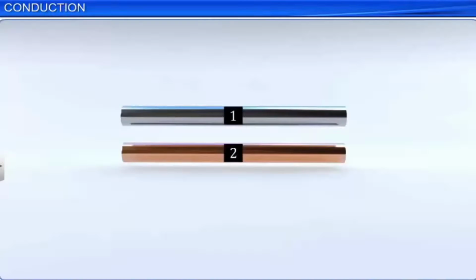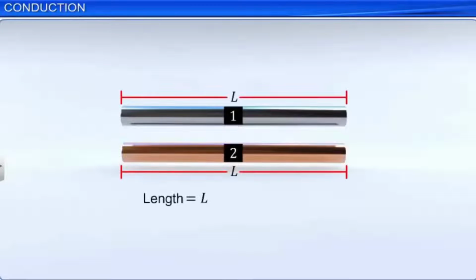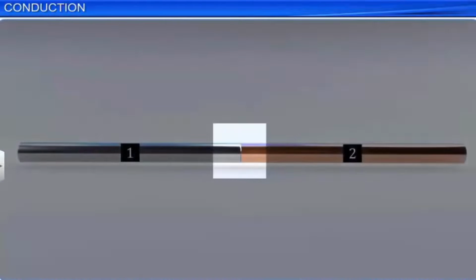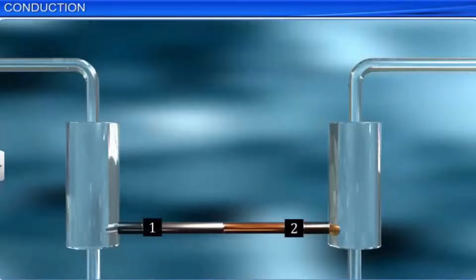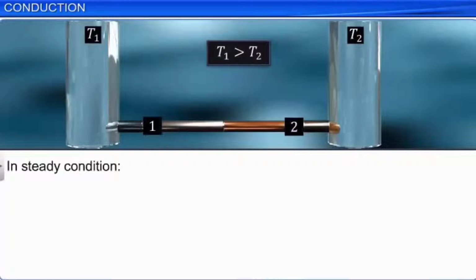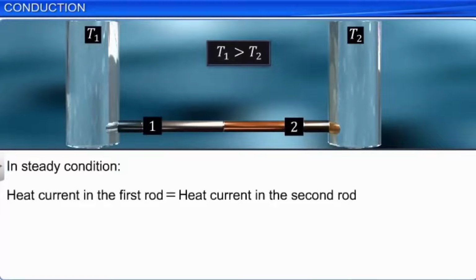Now consider two bars each of length L and a cross-sectional area A. The bars, made of different materials of thermal conductivity K1 and K2 respectively, are soldered end to end, and the free ends are maintained at two different temperatures T1 and T2, with T1 greater than T2. In a steady state, heat current in the first rod is equal to heat current in the second rod.